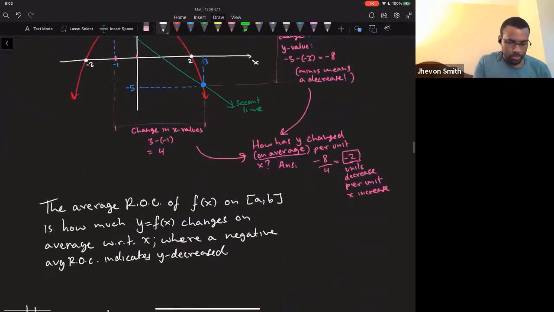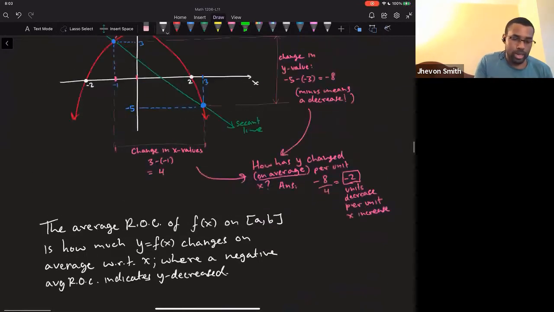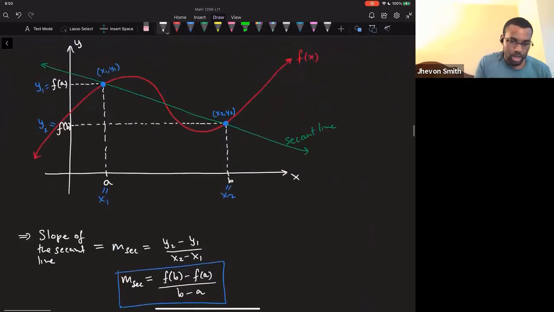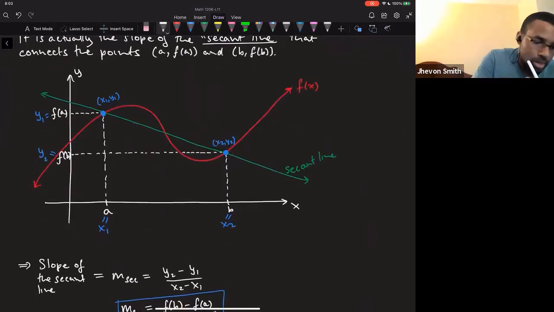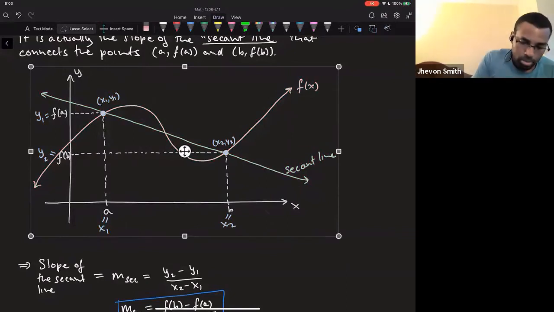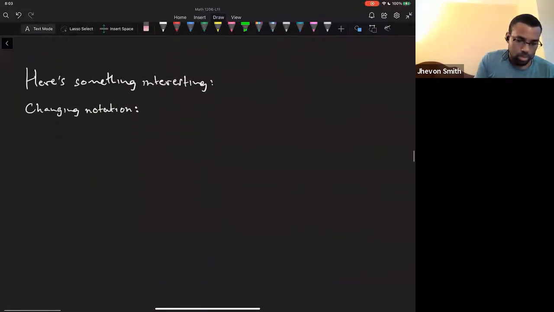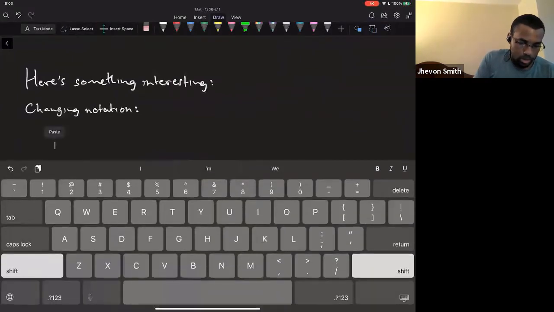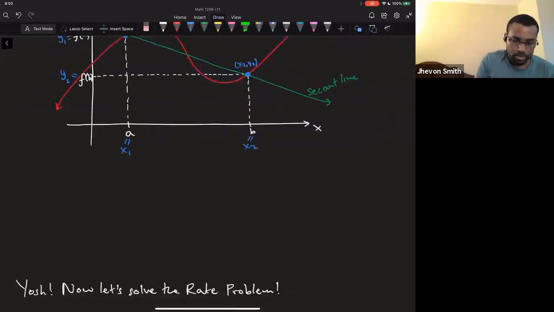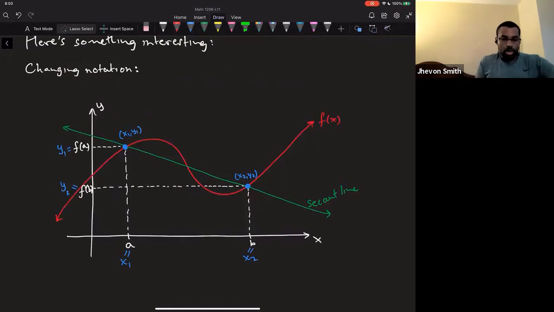Now, here's something interesting. Why don't we change the notation a bit? And I'm going to do this because I want to do something else later. And I want the formula to look like it looks in like the textbook and the form that I want you to write it in. So I'm going to change the notation a bit here. Okay.